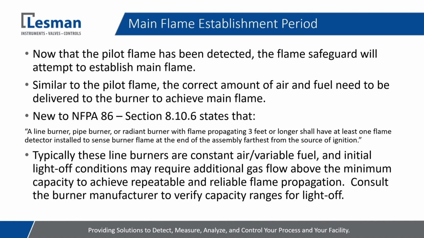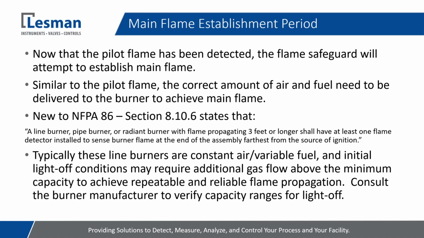I wanted to also highlight something new to NFPA 86. They state that if you have a line burner that's 3 feet long, you need to have some kind of flame detector installed on the opposite end, right? A lot of times the pilot gas that we're detecting is a small, tennis ball sized flame in the corner of these burners.